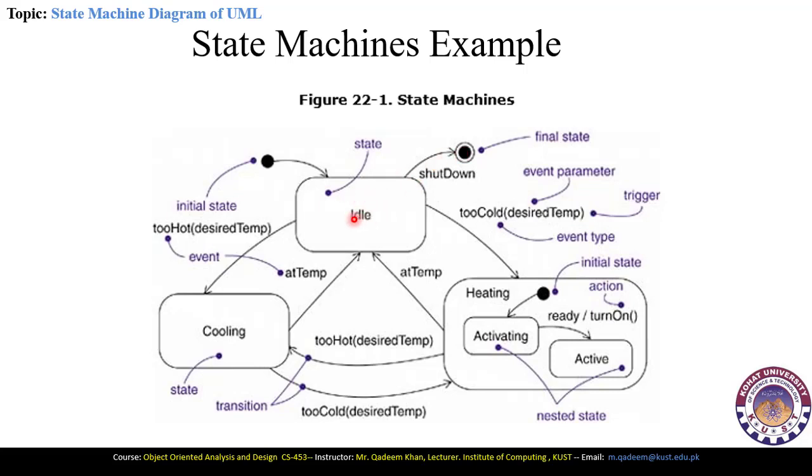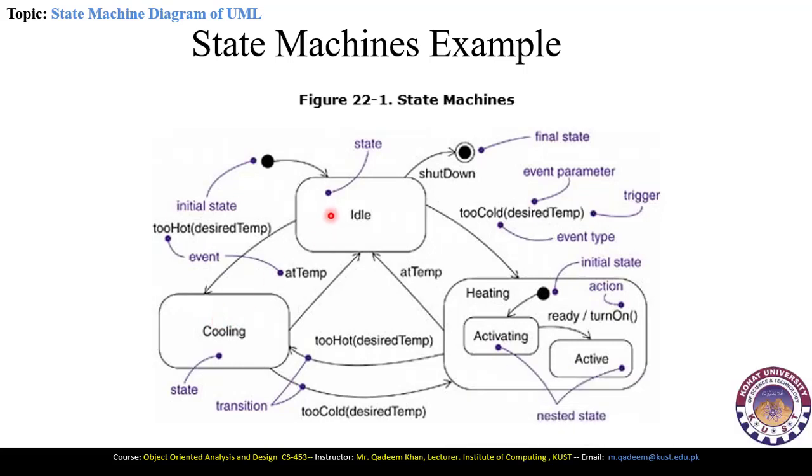Then from the idle state we can go to the cooling state, and we can also go to the heating state. It depends on the room temperature. If the room temperature is too hot, then the system goes towards the cooling state, meaning that the cooling state will be called here.